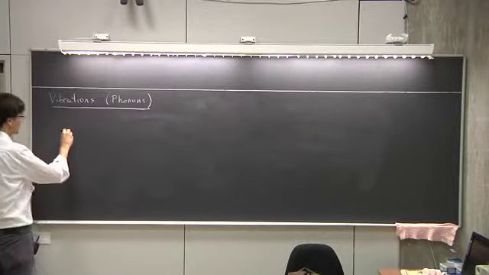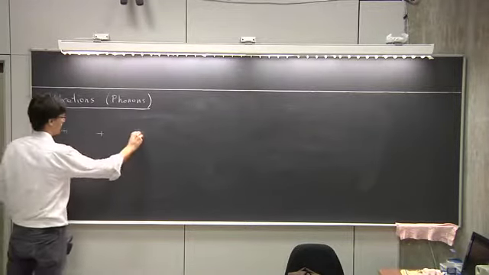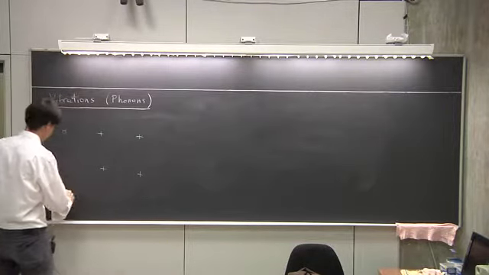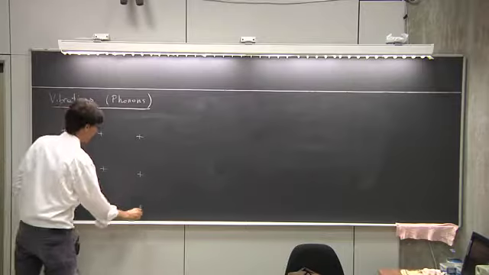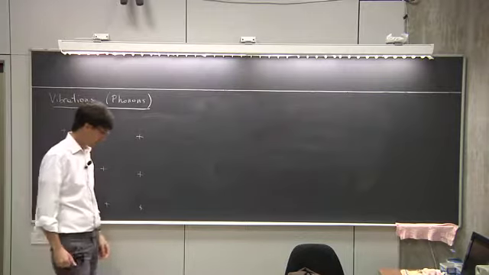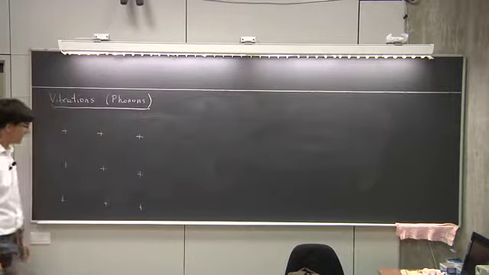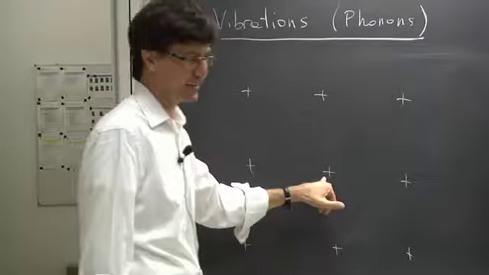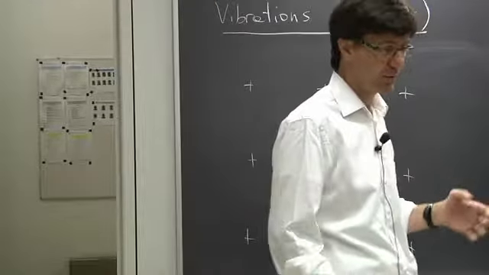So in a solid, we have an ordered system of nuclei, and there will be electrons everywhere, right? Bloch states. At finite temperature, of course, we cannot expect the nuclei to be sticking to their equilibrium position.